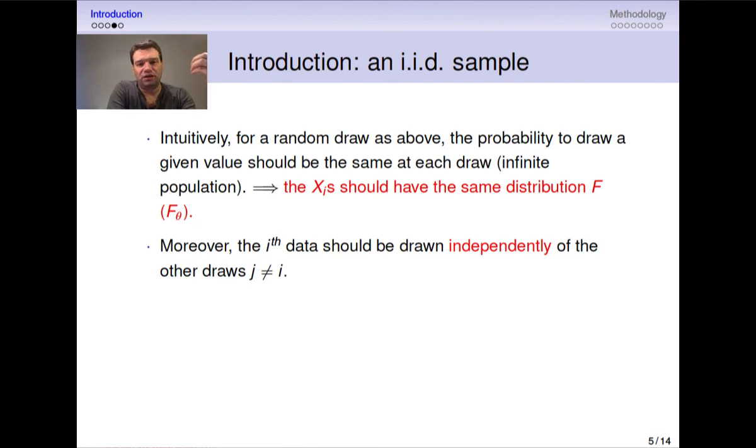The characteristic of the individual picked up at draw i has no impact on the characteristic of the individual picked up at draw i plus 1. More than that, it has no impact on the characteristic of the individual picked up at draw j, for j different from i. This is independence. And with a random generator, you can achieve that.